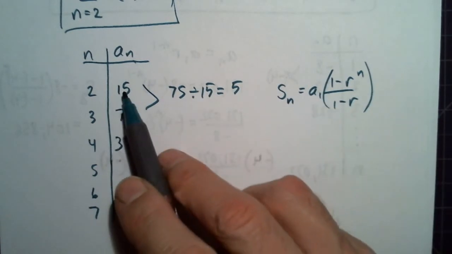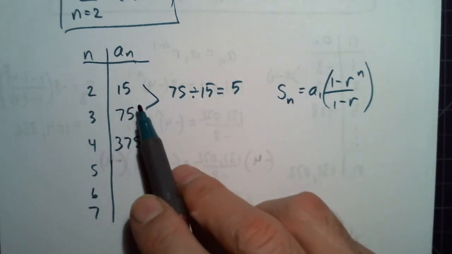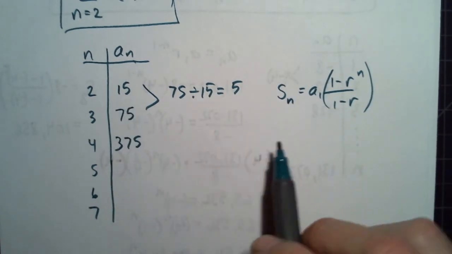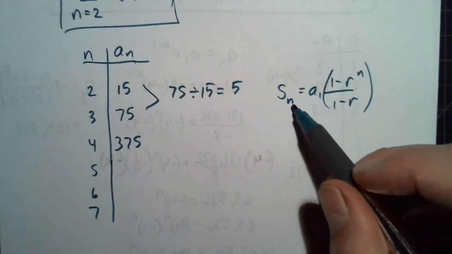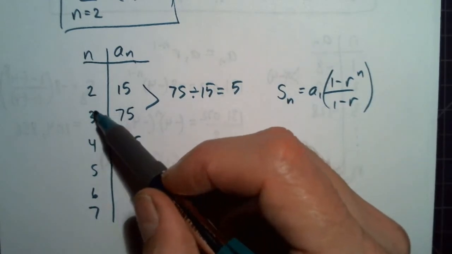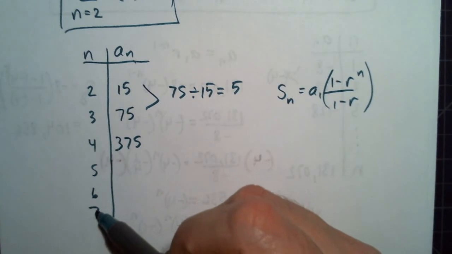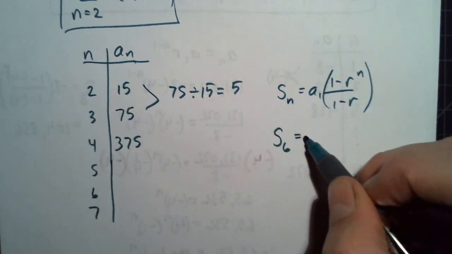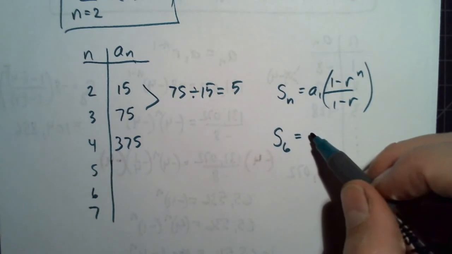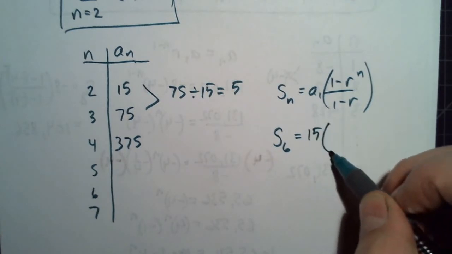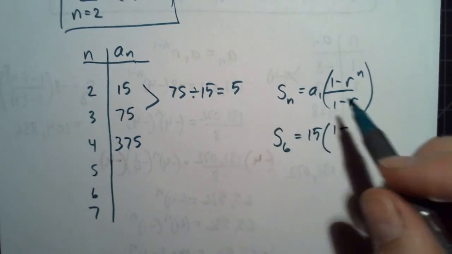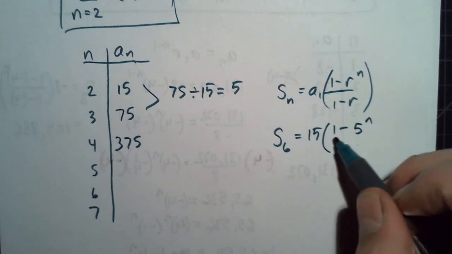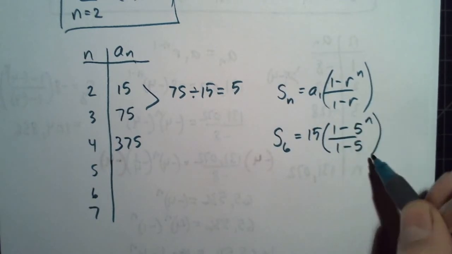Well, we know the first term is 15. We have to be careful, though, in how many terms we're adding up. 1, 2, 3, 4, 5, 6. We are really only finding the sum of 6 terms, with the first term of 15. Common ratio is 5.